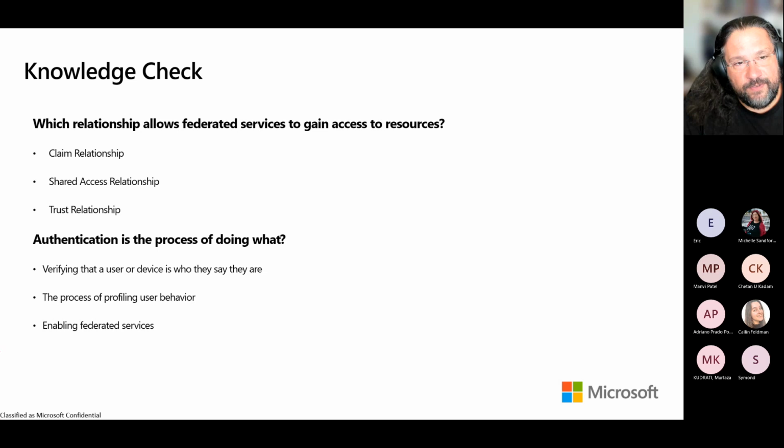Which relationship allows Federated Services to gain access to resources? I didn't actually know the answer to this question, so I had to look it up. So I won't feel bad. I think that's a decent question for an SC-900. So we have one trust.